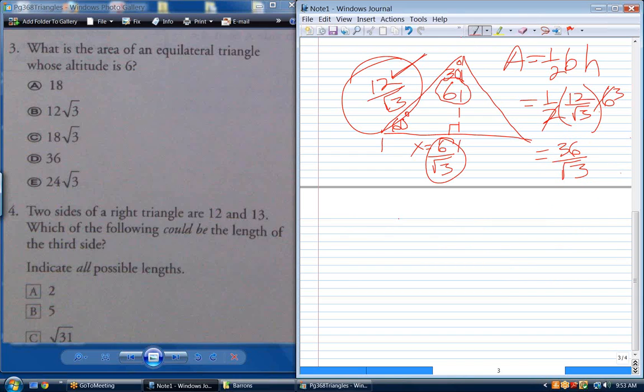Have we gone over rationalizing the denominator? Yes. Okay. So what's this equal to? Which answer is that equal to? It's going to be 12 root 3. Correct. Okay.